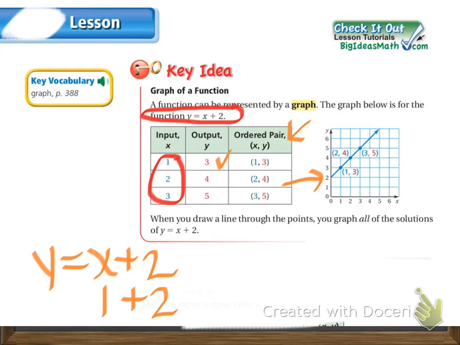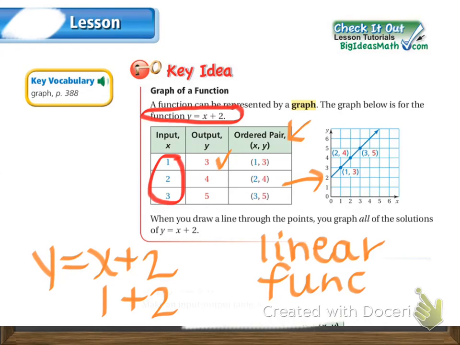When you draw a line through the points, you can see in this case that when you connect the dots you make a straight line, so you are verifying that it is a linear function, with the word line in it to remind you that if it makes a straight line, it's linear.